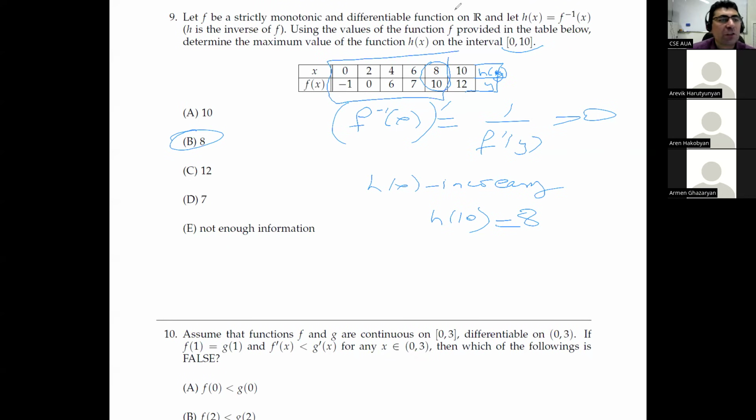For the same function, guys, let's imagine this maximum is replaced with minimum. What is the minimum value of h on the 0 to 10 interval? 2, right. The minimum is at 0, and the inverse at 0 is 2. Okay.